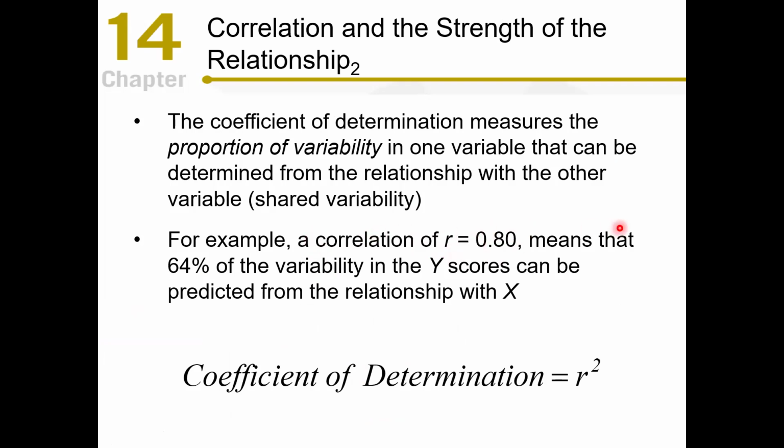So this means that if I square this correlation, then 64% of the variability in the y scores can be predicted from the relationship with x. So this says that 64% of the variability in my grade is determined by the amount of time that I study outside of class, right? Meaning 64%, that's a really, really good percentage.